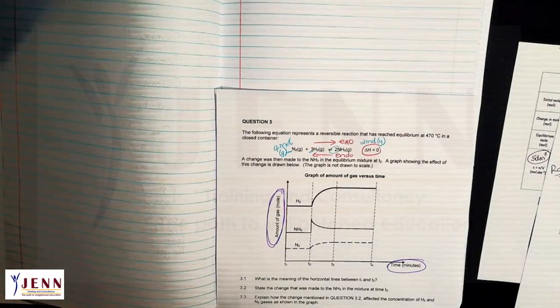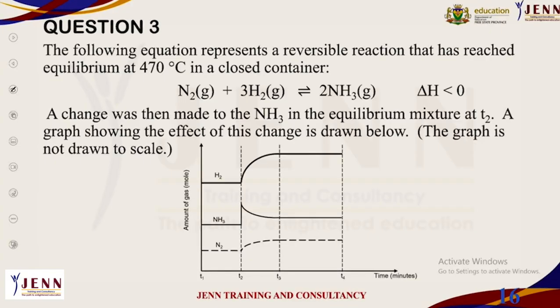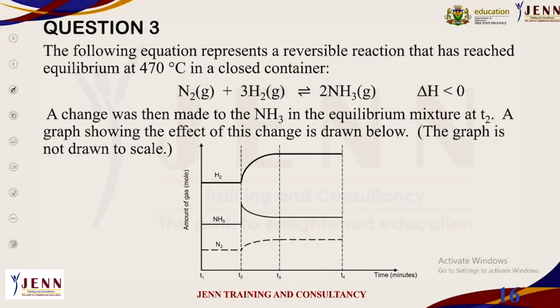Okay, so now I can read the question. You will see question 3 and question 2 are the same chemical equation. It was on the producing of ammonia. It is the same reaction, but there are different questions that I ask. The following equation represents a reversible reaction that has reached equilibrium at 470 degrees in a closed container.